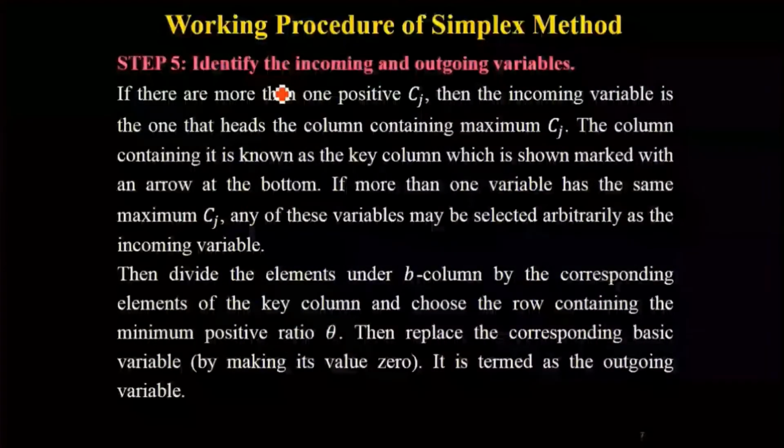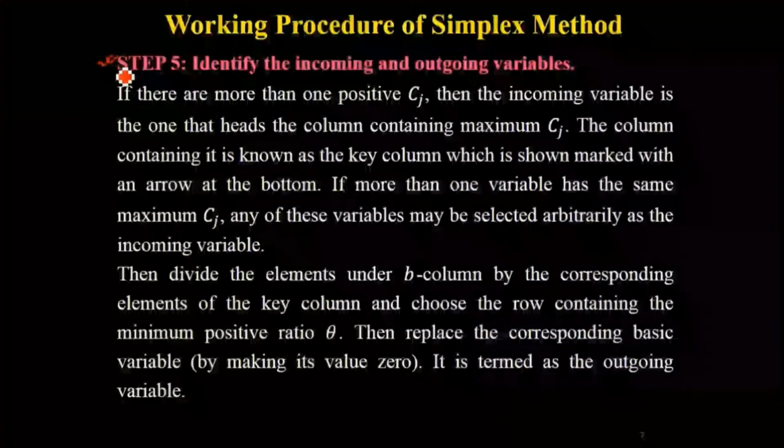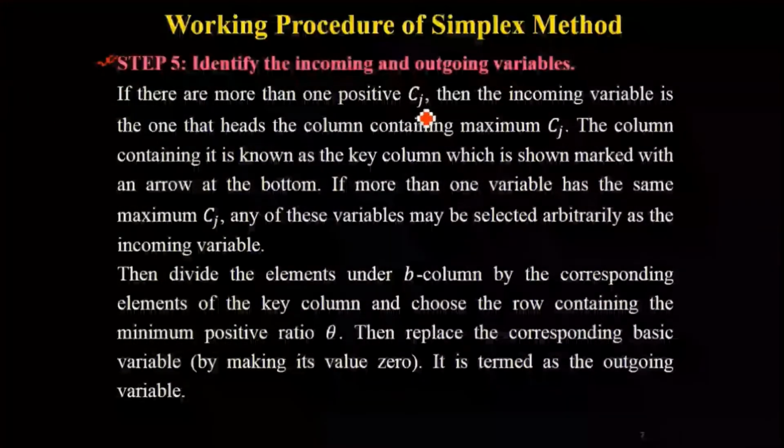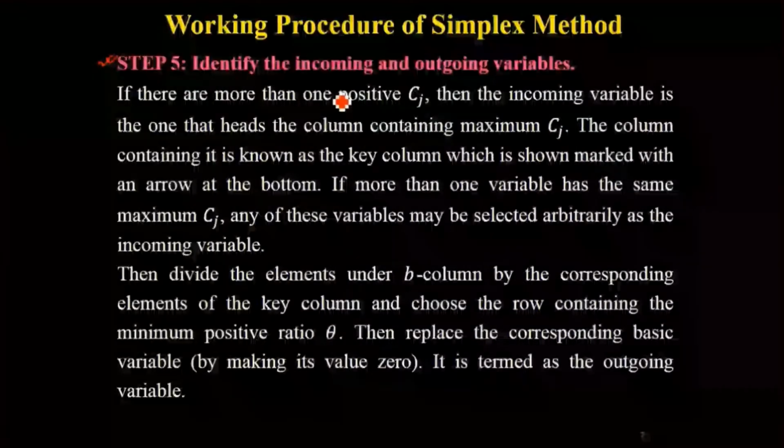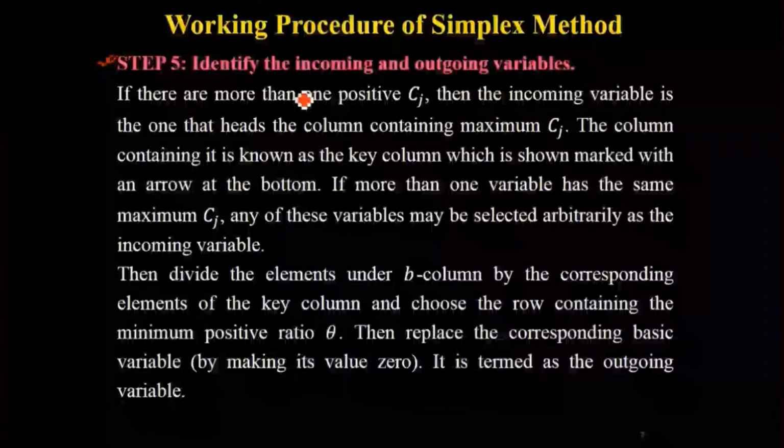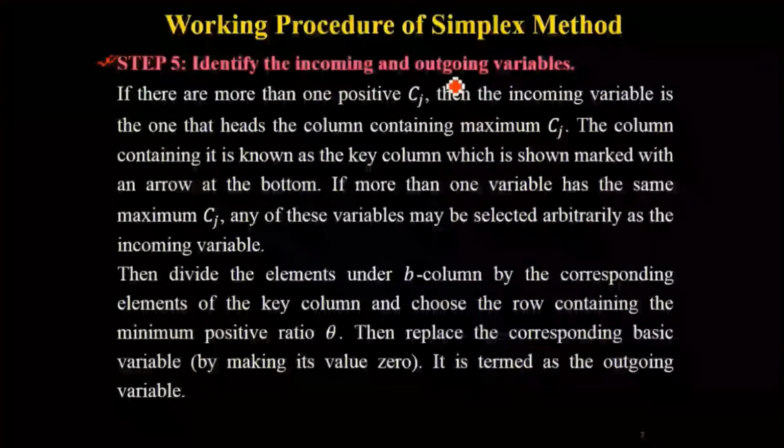Identify the incoming and outgoing variables. Step 5 is very important. Based on the capital Cj value, we have to identify which basic variable will go and which new variable will come. That's why it is called identifying the incoming and outgoing variable. If there is only one positive value for Cj, you take that column. If more than one positive value is there, you have to take the most positive value.